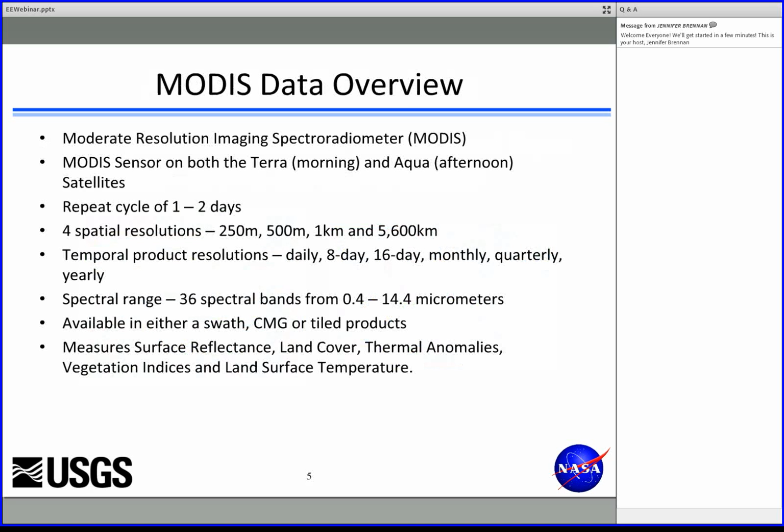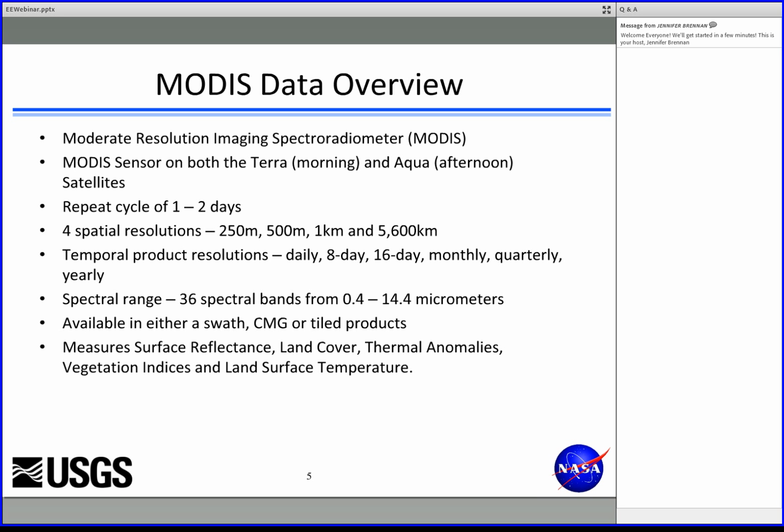So let's begin by talking about the MODIS data that we provide. MODIS is the Moderate Resolution Imaging Spectroradiometer, and it's an instrument that's operating on both the Terra and Aqua spacecraft. MODIS has a viewing swath width of 2,330 kilometers and views the entire surface of the Earth every 1 to 2 days.